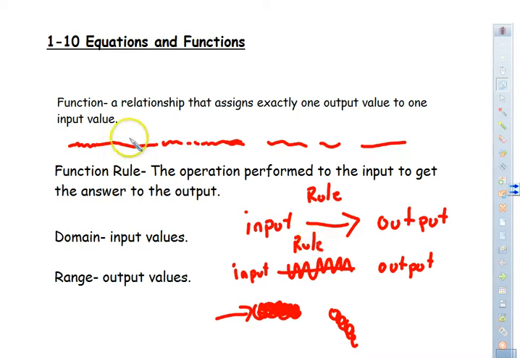So there are all kinds of different function rules that took place all down that line, and the output is that final product.